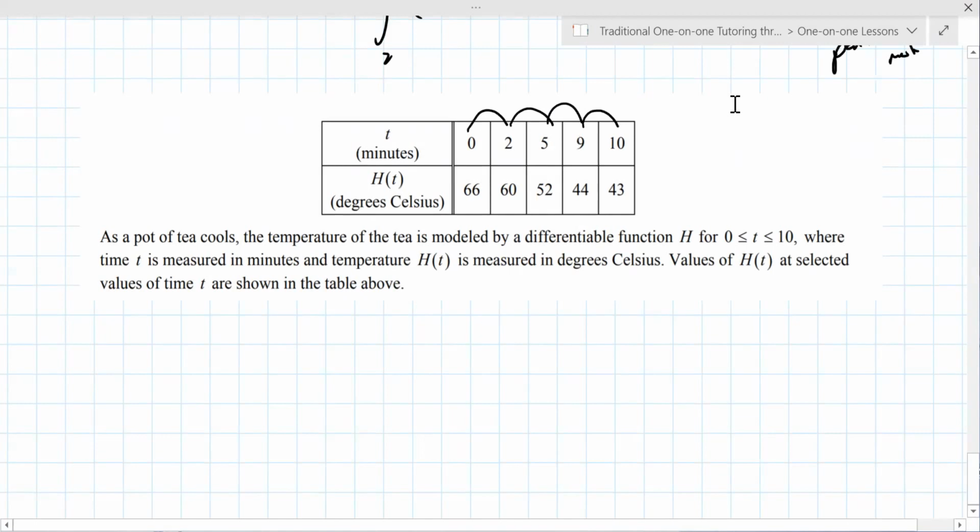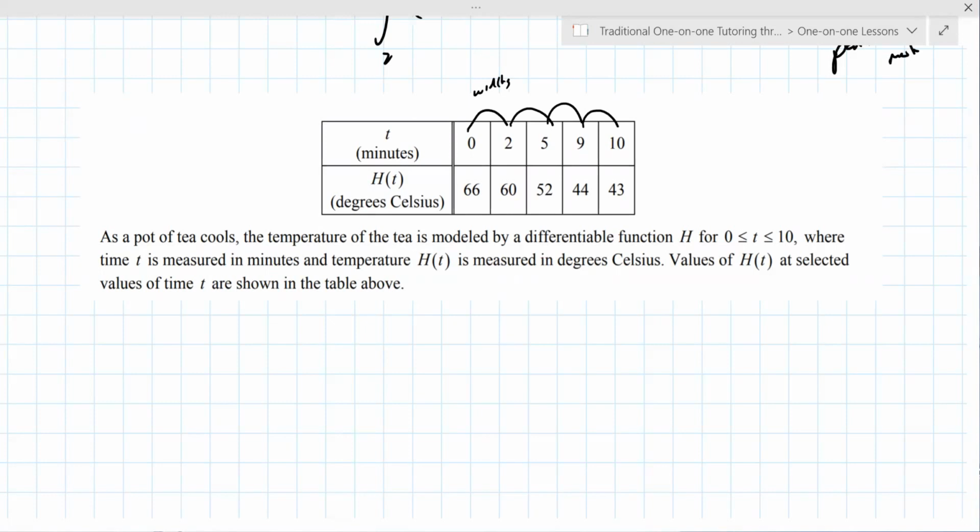The problem is these have different widths each time, and you have to account for that. Is this the first time you're seeing something with different widths? No, I think we saw some in class.